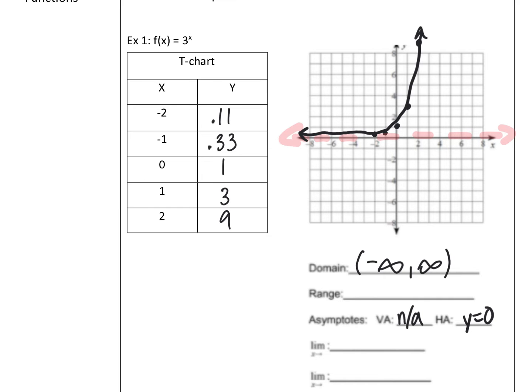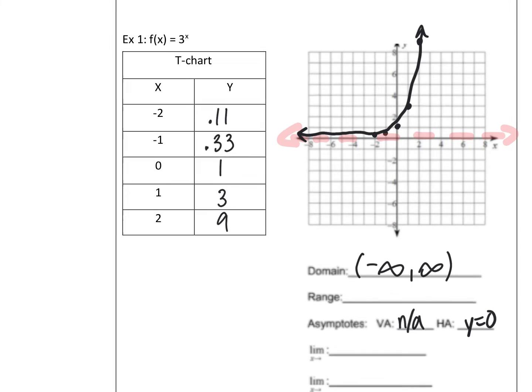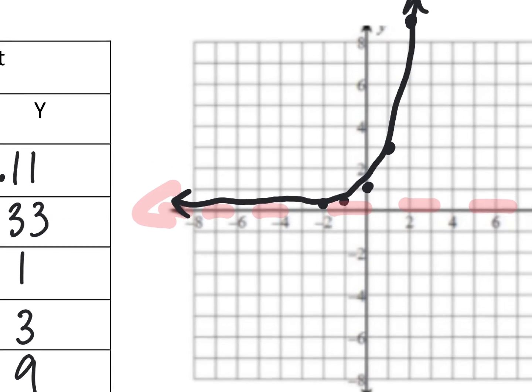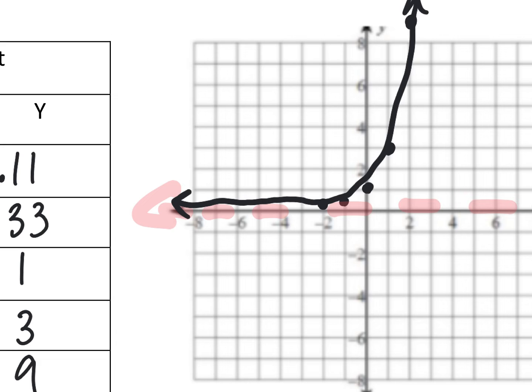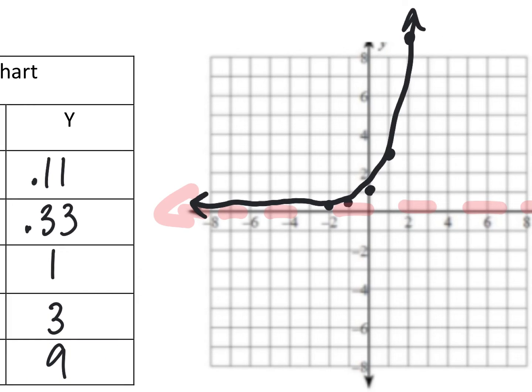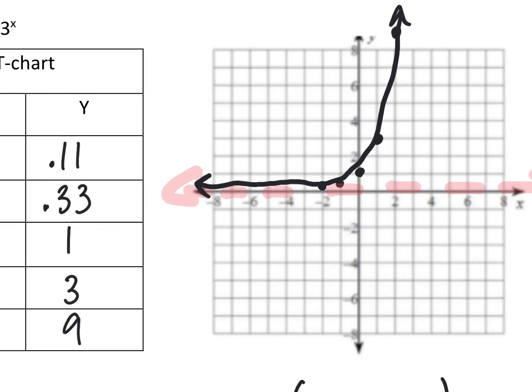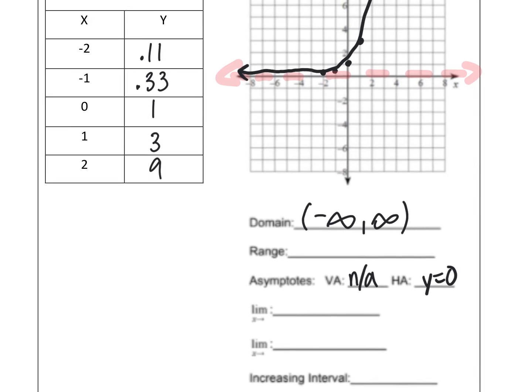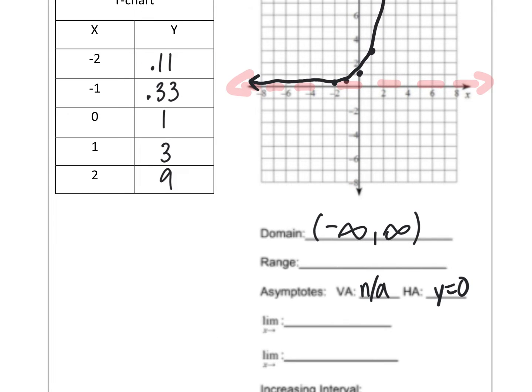Now I look at the range. If I look at this, from the bottom to the top, where's this actually starting? Wouldn't it be starting super duper close to 0, like above it? It's not going to be 0.1 because I could keep on putting numbers less than 2 in and I would get even closer to that line than 0.11.